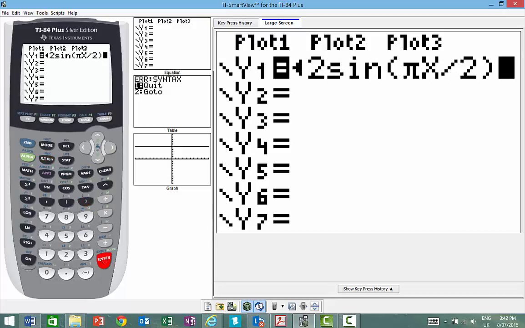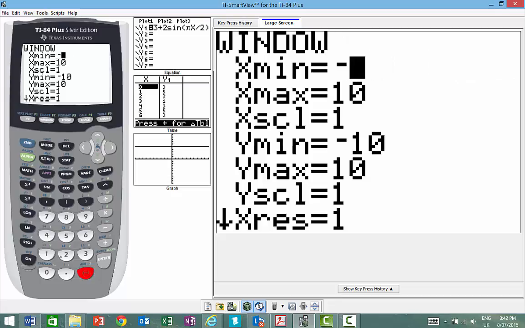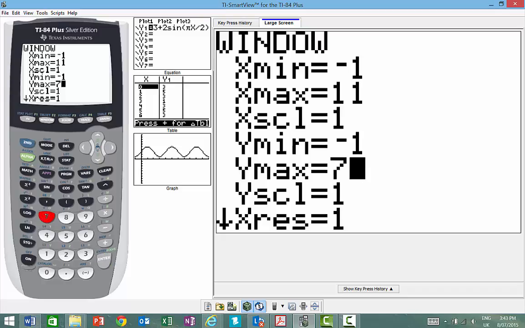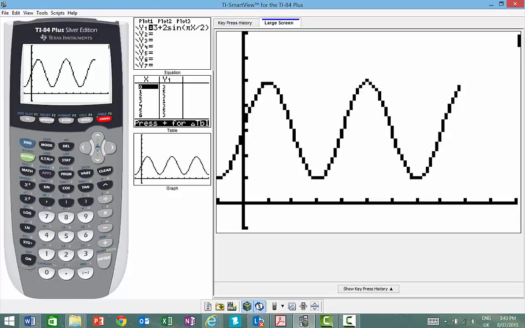Now we have to set our window for this. We know our window is going to go from, say, -1 to 10, so let's go to 11 so we've got a little bit more room. For our y value, let's say we go from -1 up to, the maximum is going to be 6, so let's go to 7. We graph that function, and you're going to see the population modelled here.